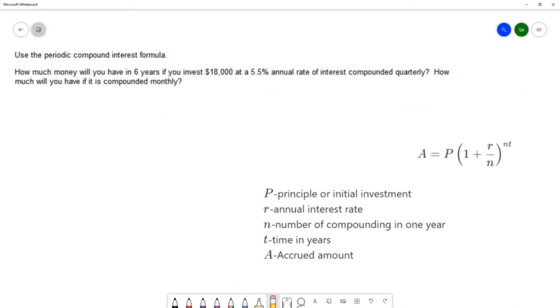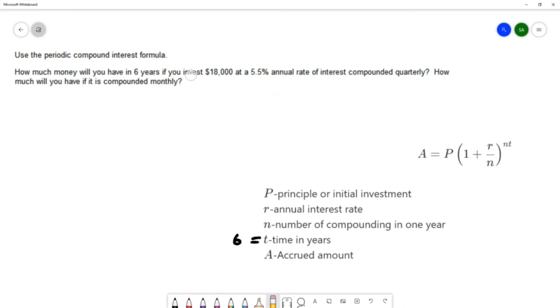So I'm going to read my problem again, and as I read through the problem, I'm going to try to identify these numbers matching with these variables that we have. So in reading the question, we have how much money will you have in 6 years? So that 6 is referring to t, the time.